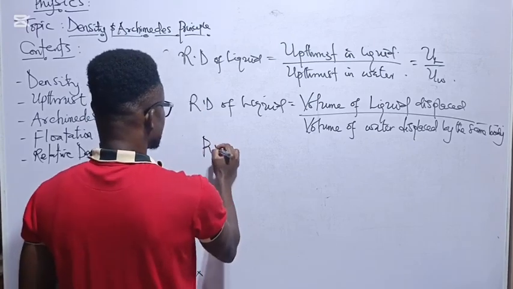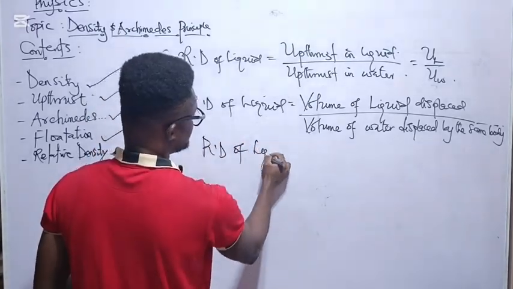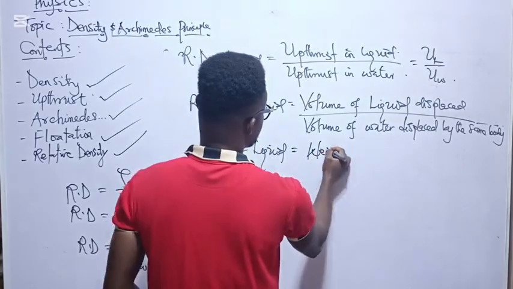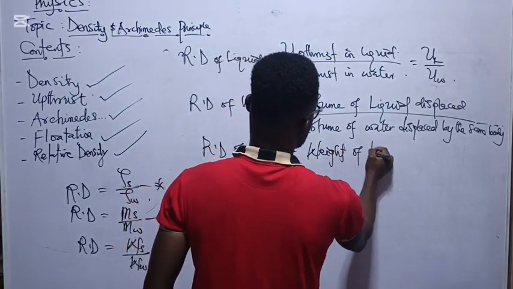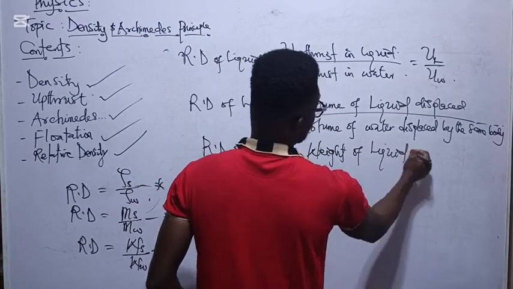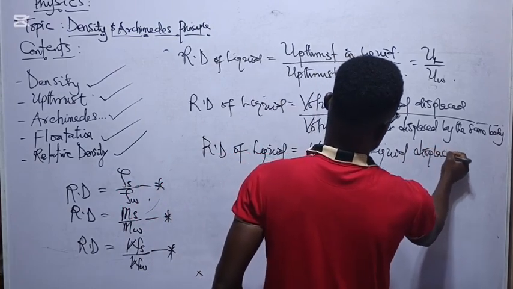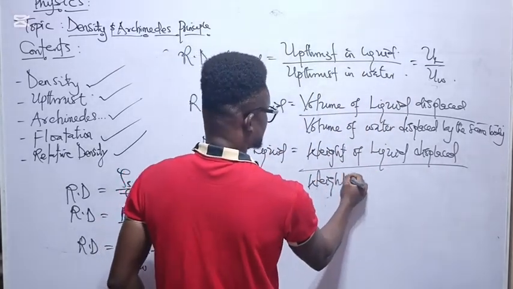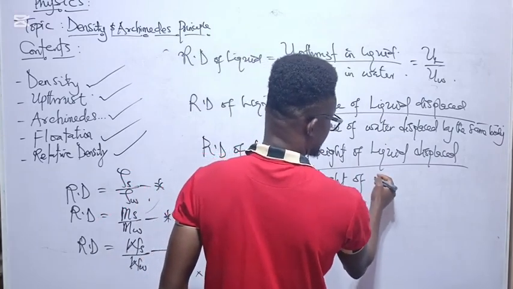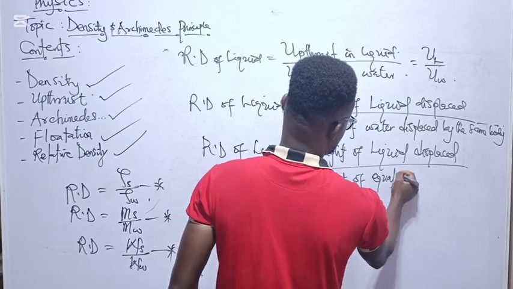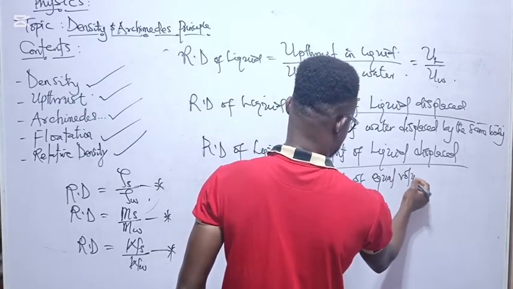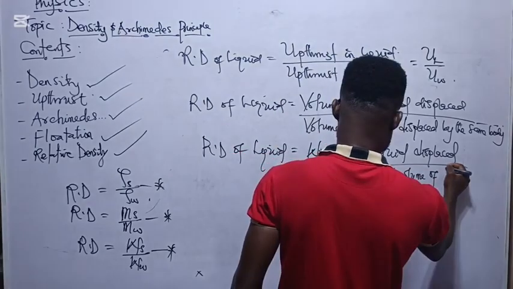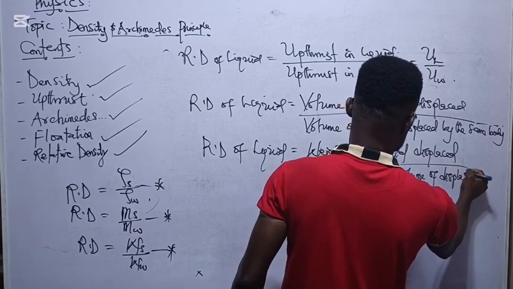So we have the relative density of liquid being equal to weight of liquid displaced, all over weight of equal volume of displaced liquid.